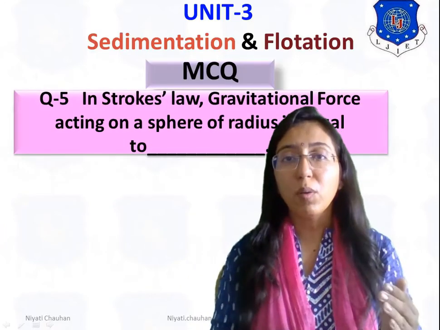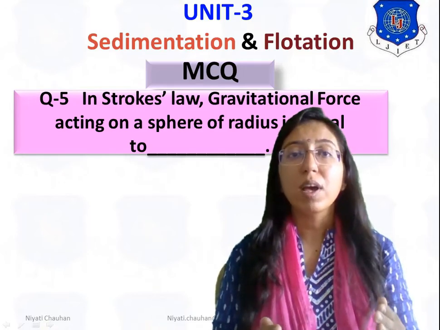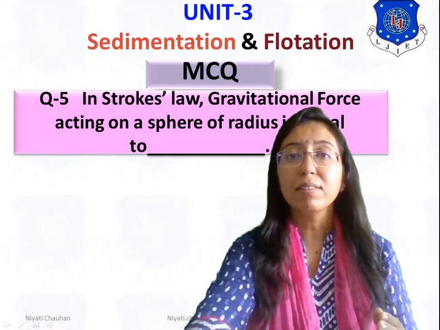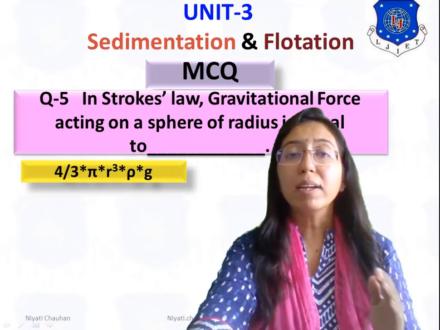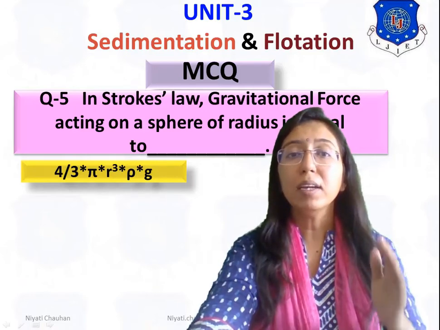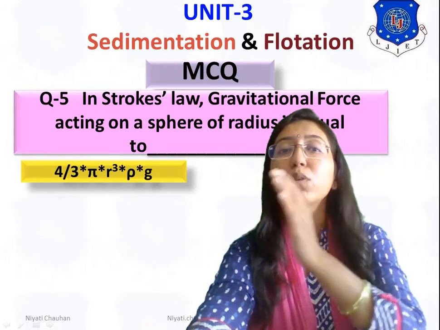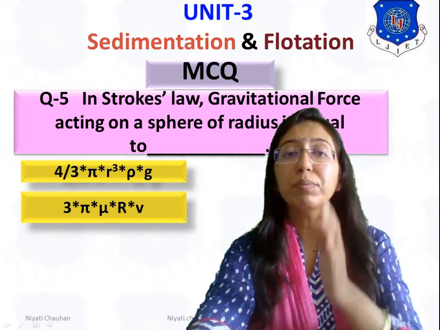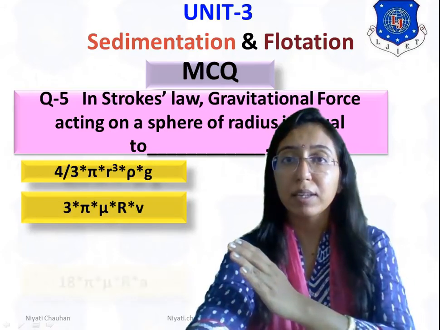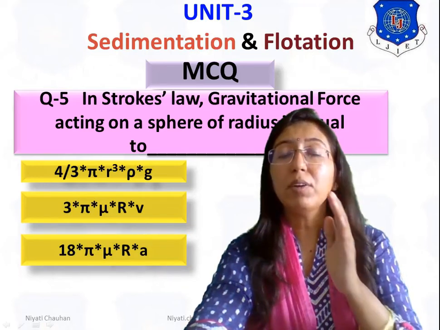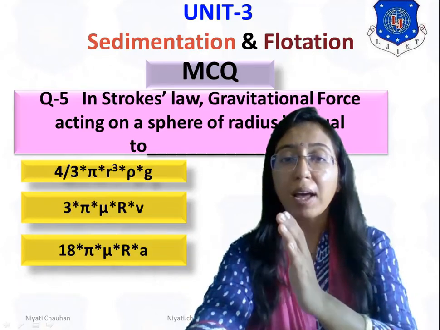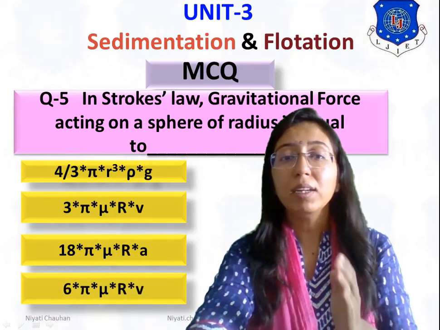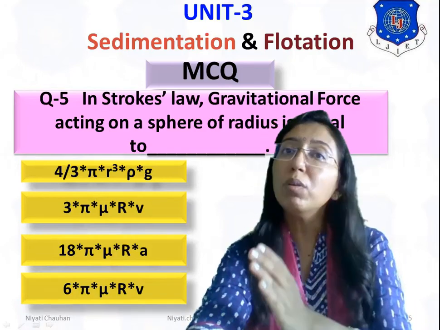Next MCQ. In Stokes flow, the gravitational force acting on a sphere of radius r is equal to: the answers are 4/3 π r³ ρ g; next option, 3 π μ r v; then 18 π μ r a; and last option, 6 π μ r v.